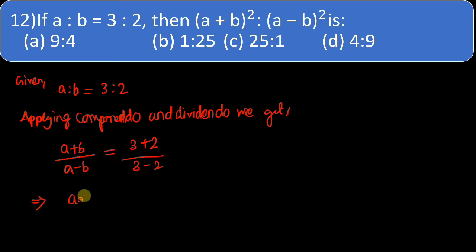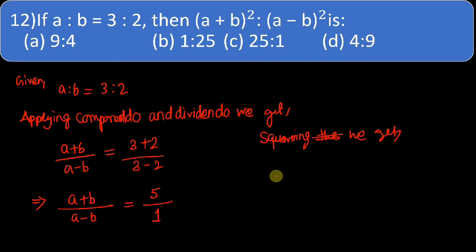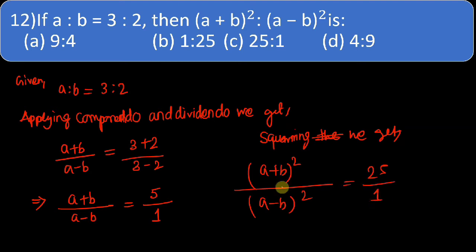So we get a plus b by a minus b equals 5 by 1. Now squaring the numerator and denominator, we get a plus b whole square by a minus b whole square as 25 by 1.